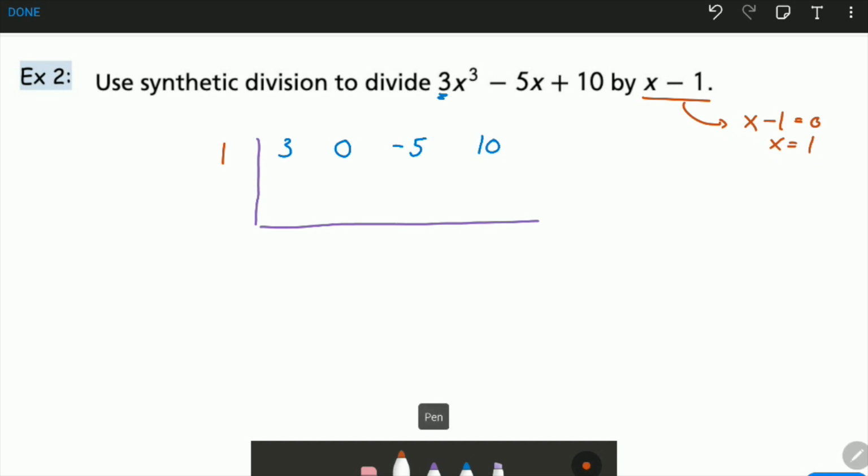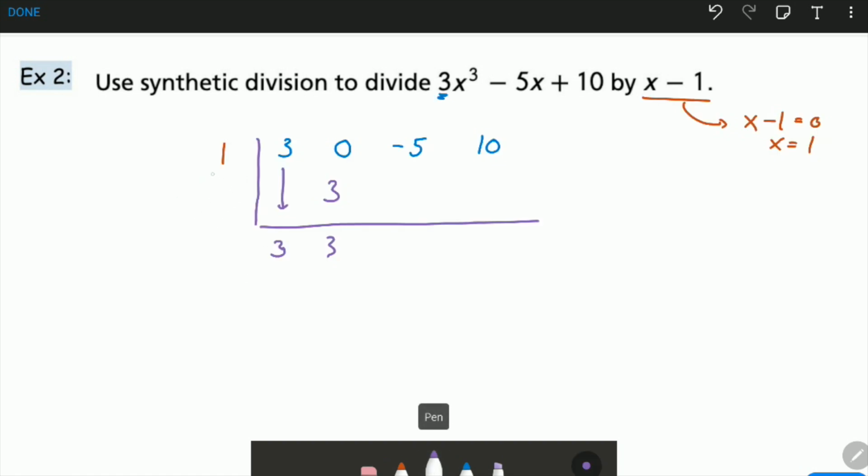Now to actually do the process, we'll drop the first number down, and then it's multiply, add, multiply, add. So 1 times 3 is 3, and then add straight down. 0 plus 3 is 3. And then we shall multiply. Trying to erase some of the extra lines.